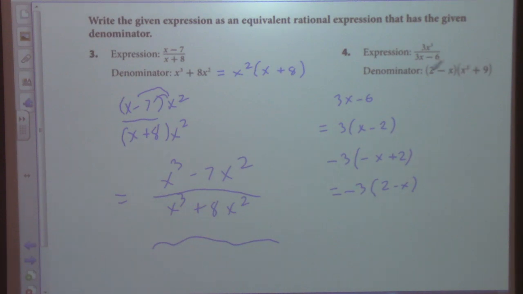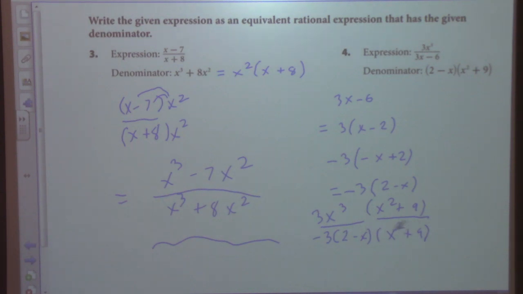Okay, so now we've reduced it to this form here. In rewriting the expression, we put 3x cubed, and in the denominator we put this negative 3 and this 2 minus x, and we want to get this denominator here, so we multiply by x squared plus 9 in the numerator and denominator.